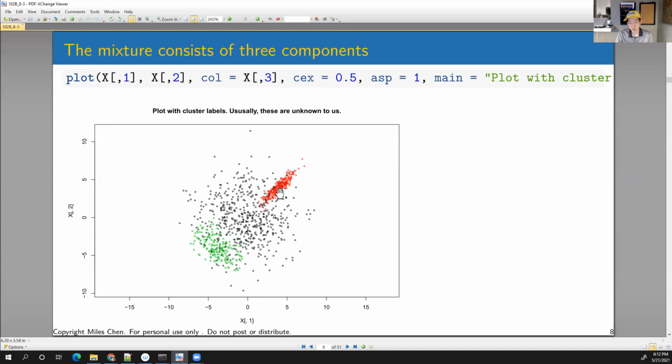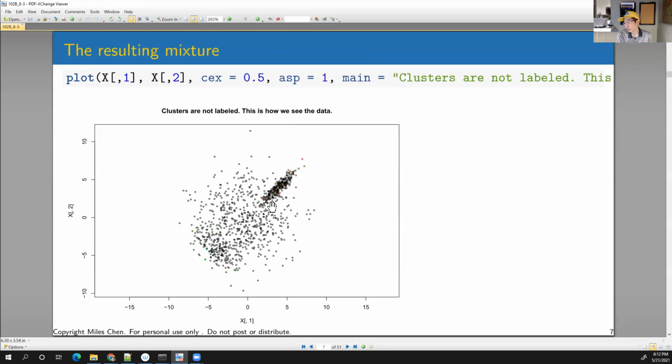We still want to cluster these points. Here we've labeled them, but usually these assignments are unknown to us. We're kind of cheating in that we generated the data, so we know where they're coming from. Normally you just see the data and want to identify some kind of structure or clustering using the EM algorithm.